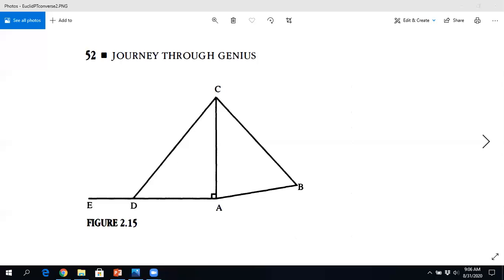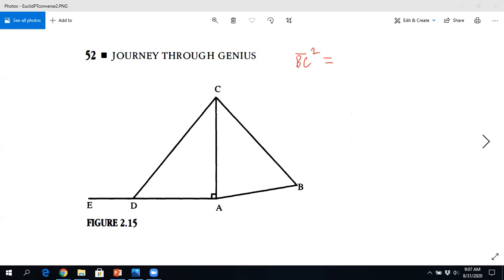So the converse says, in this little picture right here, which is basically driving the proof forward, Euclid actually gave this as well. It says that if the length of BC squared is equal to, the way he set this up, assume that one of the legs is equal to the sum of the squares of the others.